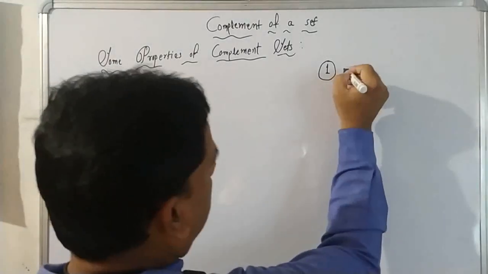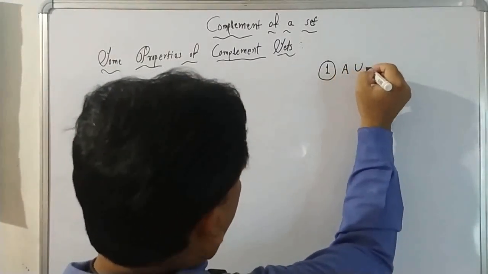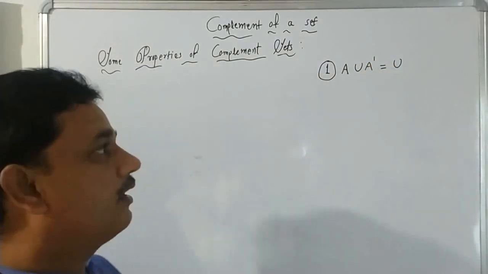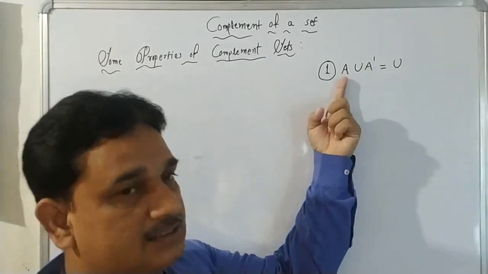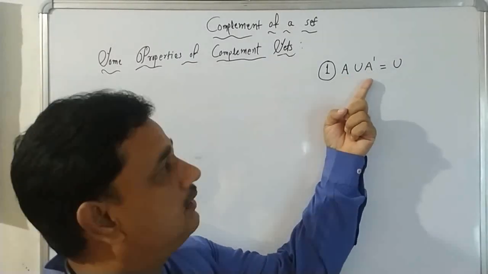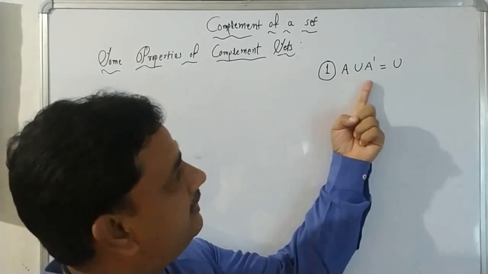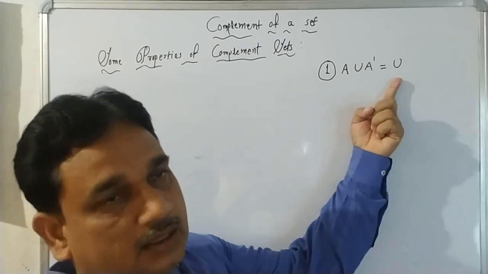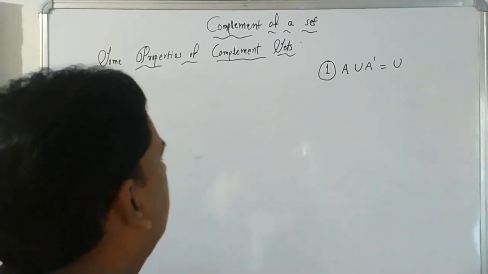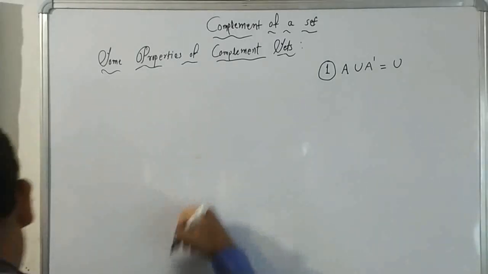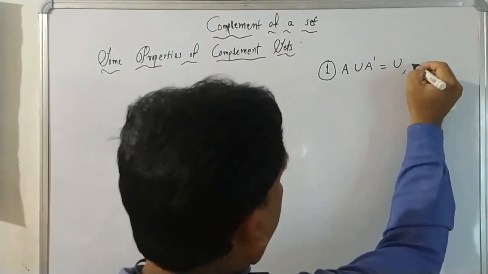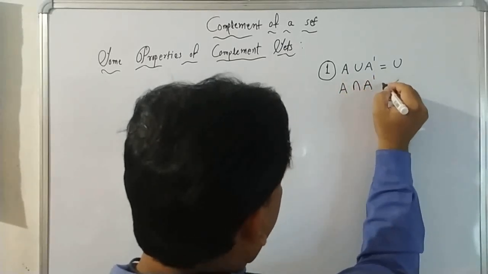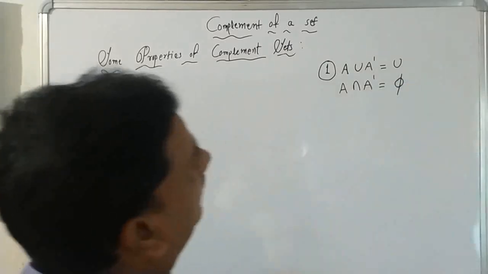A union A complement is equal to U. Okay, the union of a set and its complement is always the universal set. Similarly, A intersection A complement is equal to phi, the empty set.